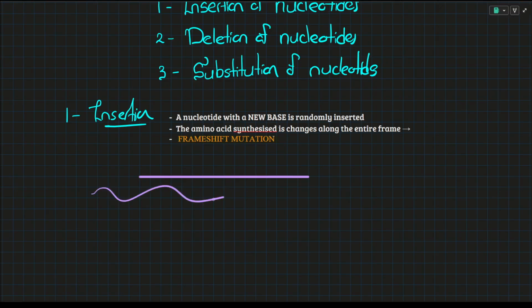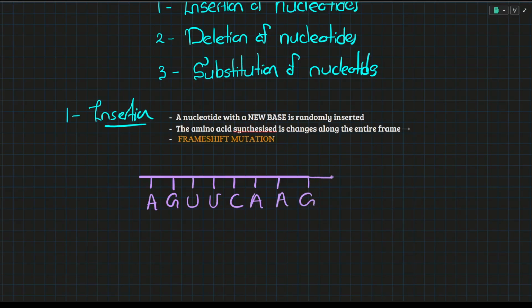Let's imagine I have these specific bases in this order: A, G, U, U, C, A, G, C. This codon will code for this amino acid, and this codon will code for this amino acid, like so.